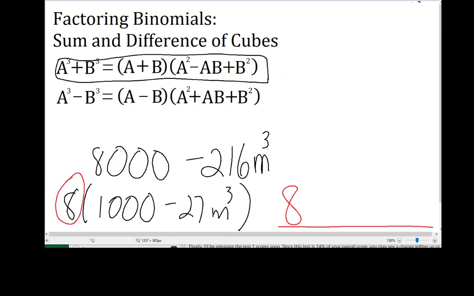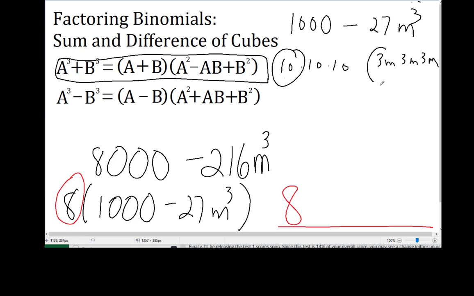And now I'm going to break down 1,000 minus 27m cubed. If you put that GCF down here in the answer, you don't have to worry about forgetting it. So 1,000 is 10 times 10 times 10. And 27m cubed is 3m, 3m, 3m.